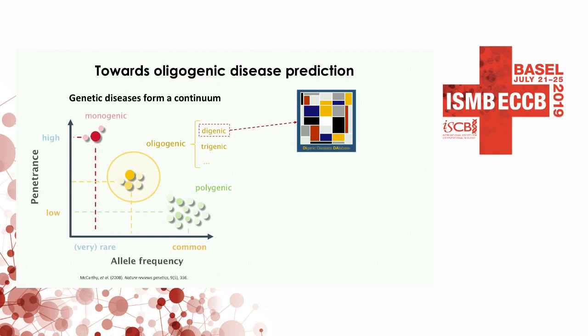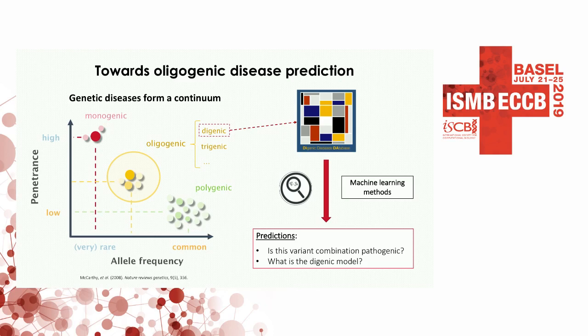And so we started by collecting a certain number of published clinical cases in a digenic disease database. And we used that database to train machine learning models able to predict if a variant combination is likely to be pathogenic, and what the underlying digenic model is.